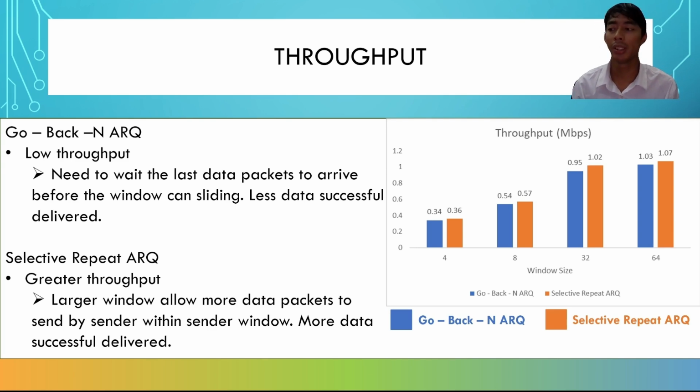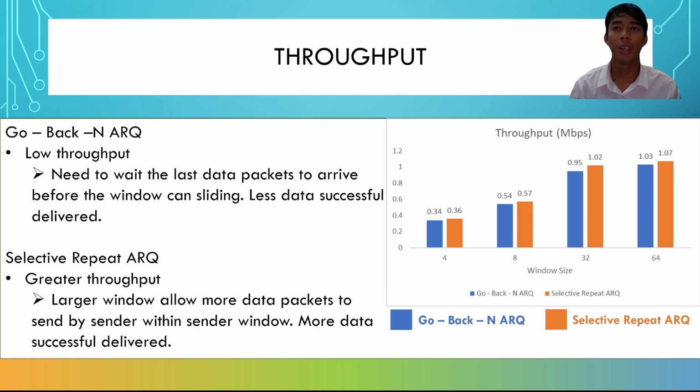Throughput is how much data is successfully sent or received in the network. So Go-Back-N ARQ has a low throughput because you need to wait for the last data packet to arrive before the window can slide. Go-Back-N must follow the order, like from 1 to 5.